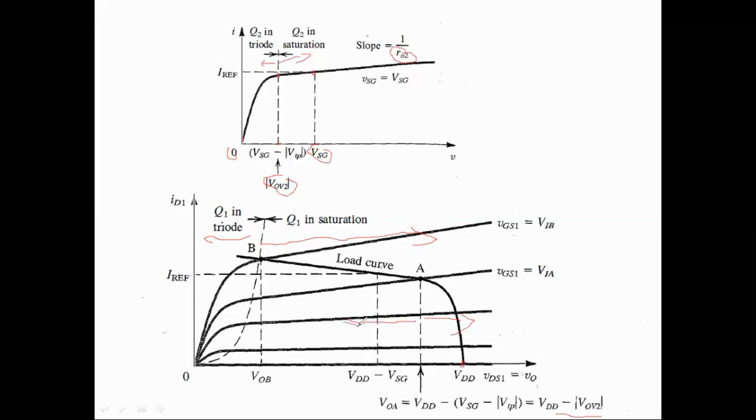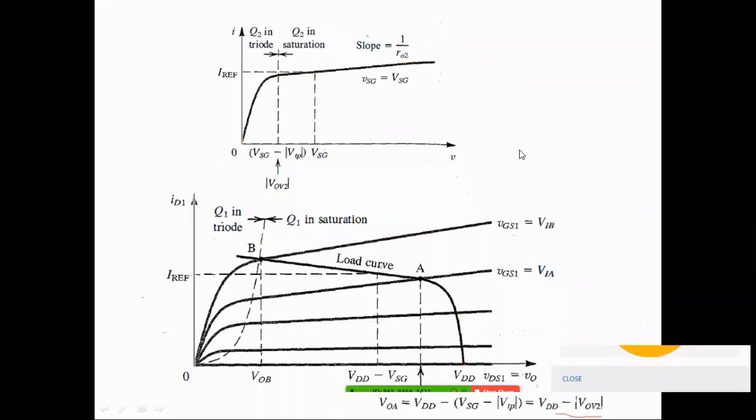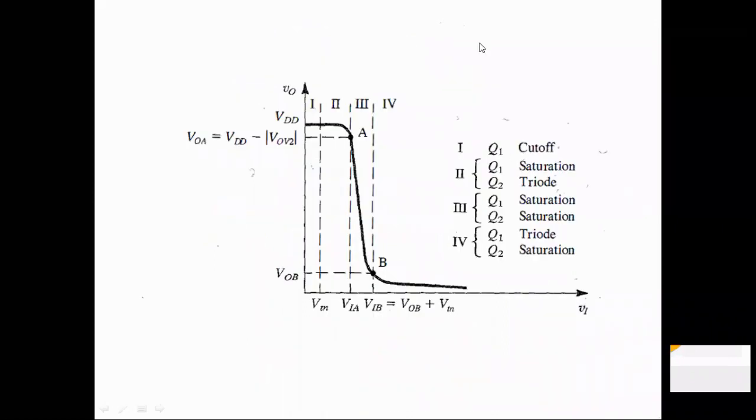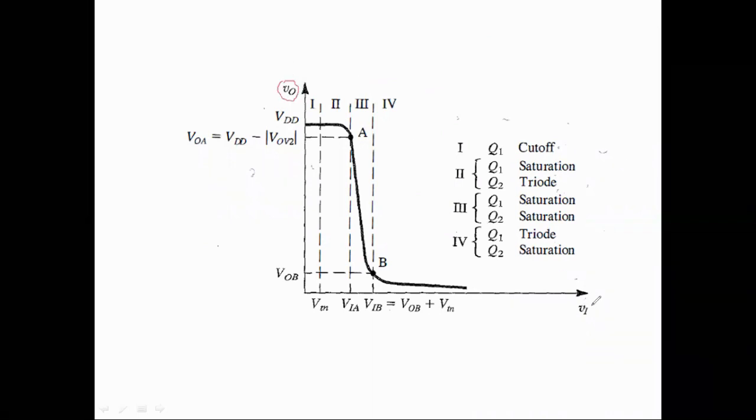Now I am going to plot the voltage transfer characteristics of the CMOS implementation of the CS amplifier. From the previous diagram, the voltage transfer characteristics is output voltage versus input voltage VI.